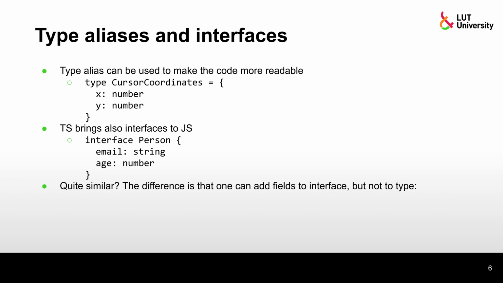Well, the difference is that you can add fields to an interface, but not to a type. So if we are defining again interface Person, and now we are setting that the fax attribute is a string, this is not overriding the interface previously defined, but this is adding this field to the Person interface that you could not make with this type alias.